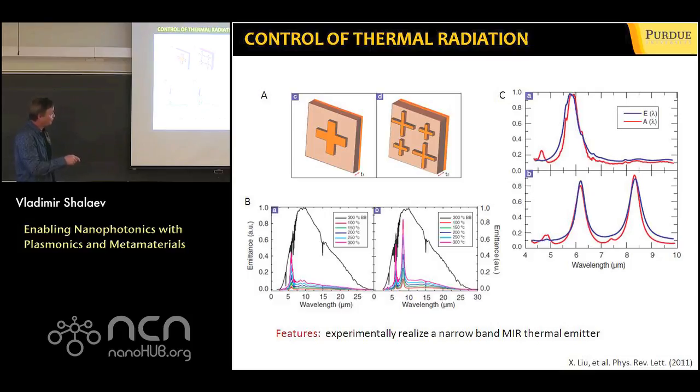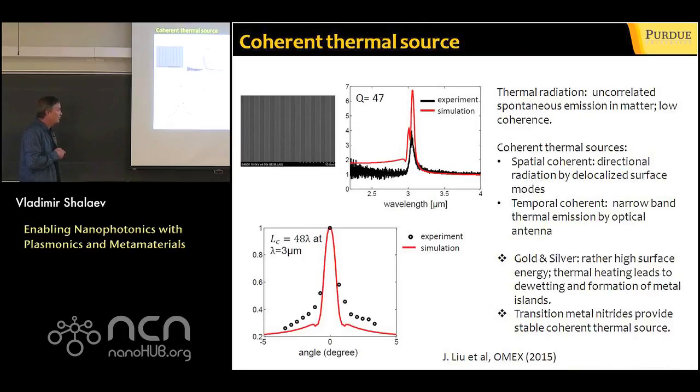And as it should be according to Kirchhoff's law, emittance matches absorptance, so they are almost the same. So the idea is, by introducing all these resonance structures, you could actually dramatically modify thermal radiation and control it. It's a very attractive feature, actually. Jingjing Liu in my group did this very nice work.